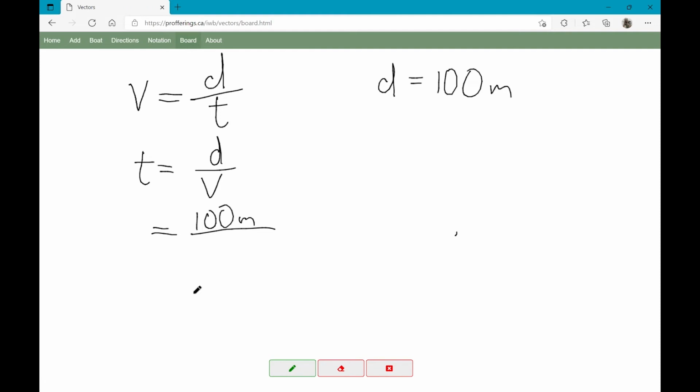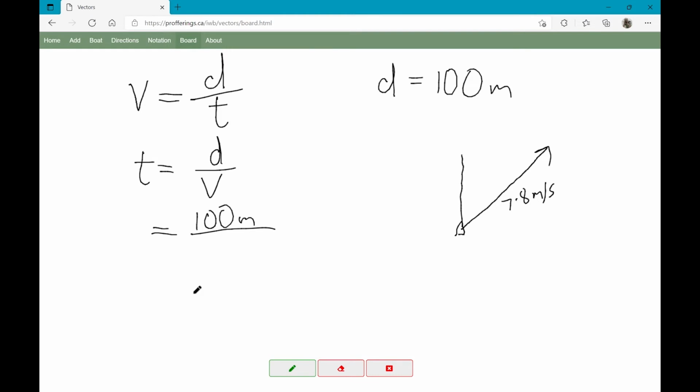So remember, our boat is pointed that way. It's traveling 7.8 meters every second. But it's not crossing the river at the rate of 7.8 meters every second. It's 7.8 meters away from where it was just 1 second ago, but that's on an angle.